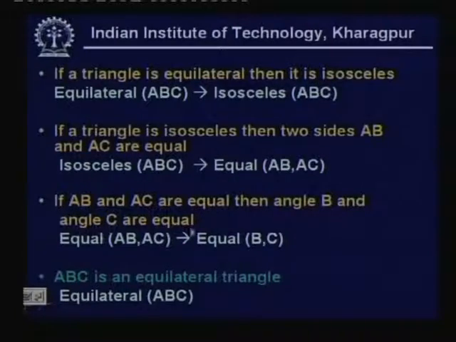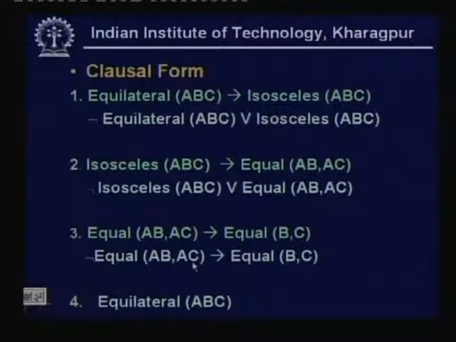This statement I can also say as equal AB AC implies equal BC. And the last one was a statement: ABC is an equilateral triangle. The proposition corresponding to that is simply equilateral ABC. So from these statements we have got a set of propositions.